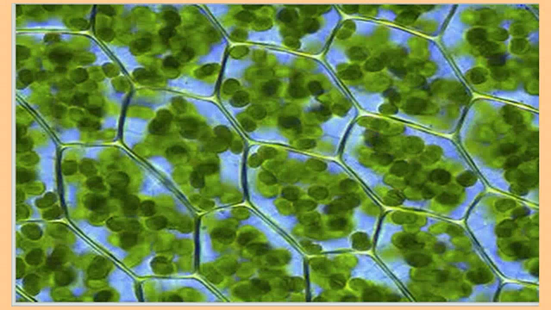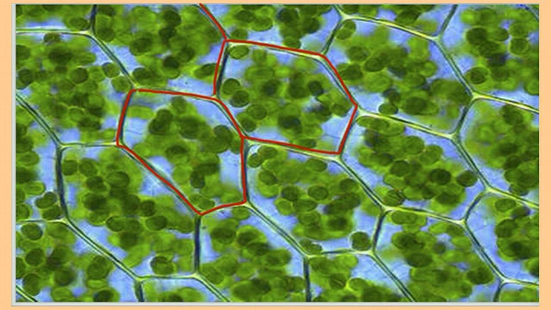If you were to ever look at a plant cell under a microscope, which you will do in a later lesson, you will see these structures on the outside because they're so prominent, and these are the cell walls. They're there for protection so that the cell is not easily affected by environmental change.